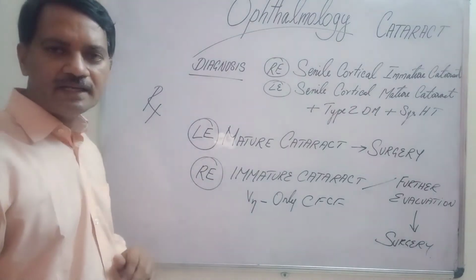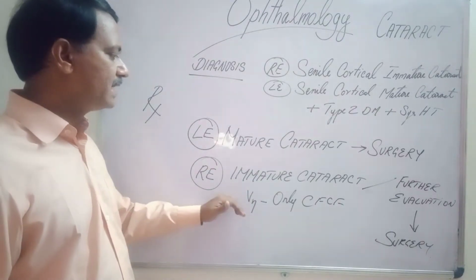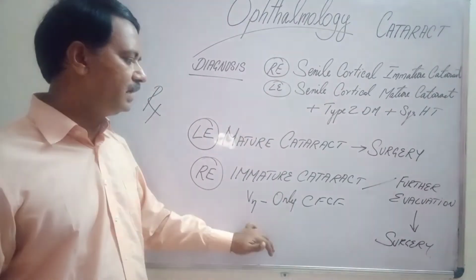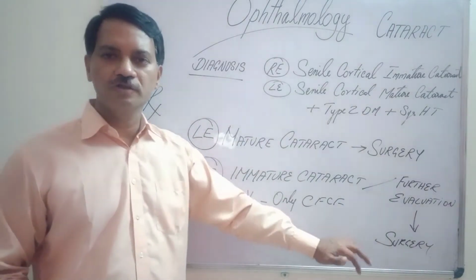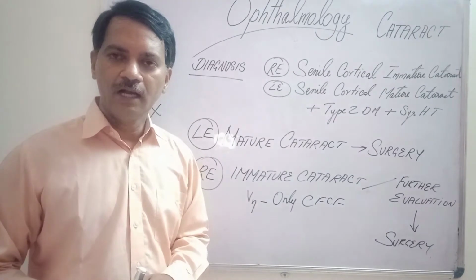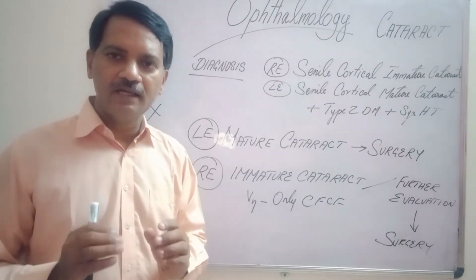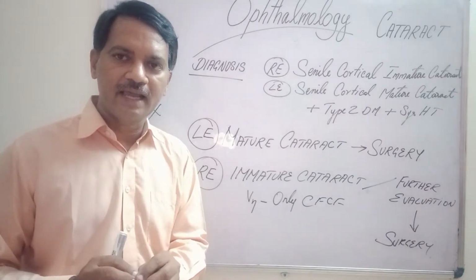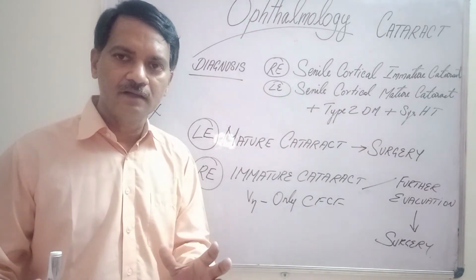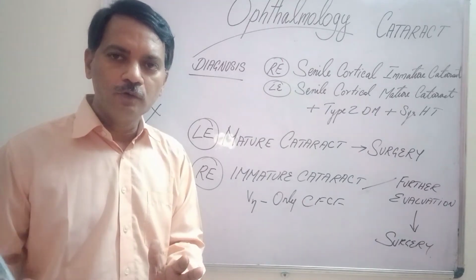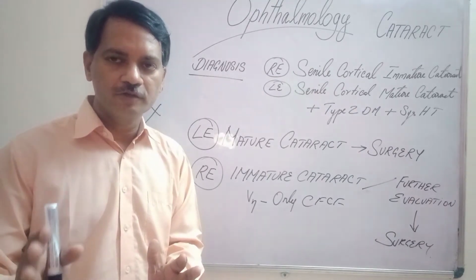As far as the right eye is concerned, the patient has an immature cataract. The visual acuity is only counting fingers close to the face. Now, we know that the visual acuity in an immature cataract can be anywhere between 6/6 vision up to counting fingers close to the face.